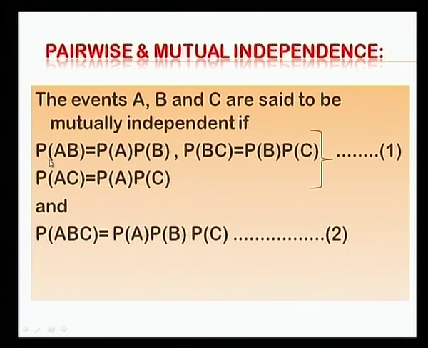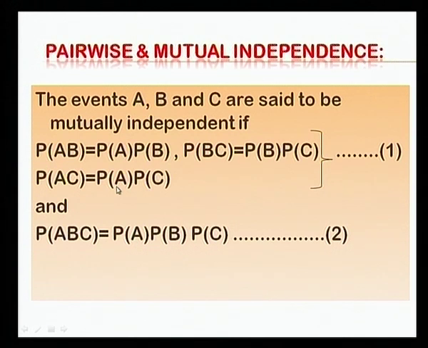In 1, probability of A B is equal to probability of A multiplied by probability of B, probability of B intersection C is equal to probability of B multiplied by probability of C, and probability of A intersection C is equal to probability of A times probability of C.